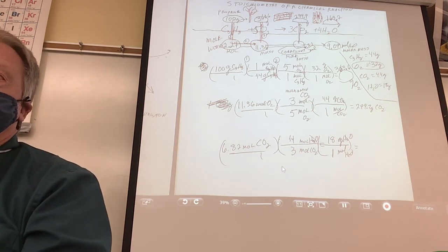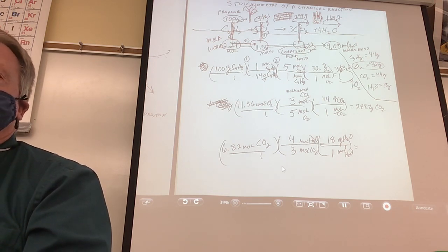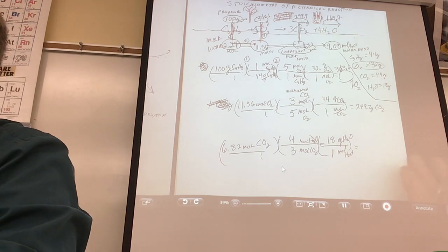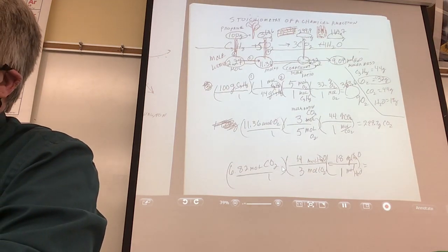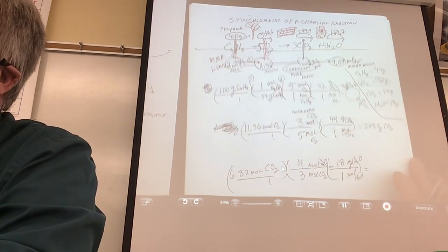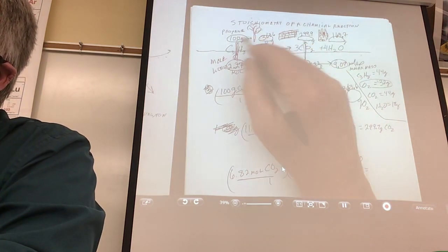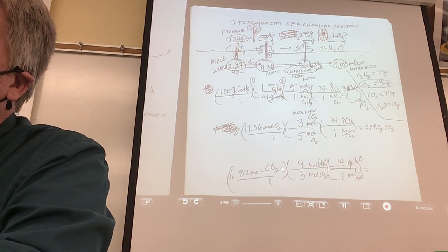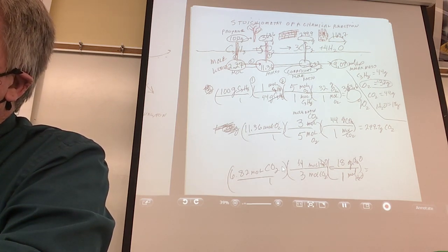You have a plan that says, I can think my way through it, even if I forget the shortcut. Now, I want you to do one more thing before we get on here. What I want to know is, would you please add these numbers up? What is the mass of the reactants? What's the total mass of the reactants? Too slow.